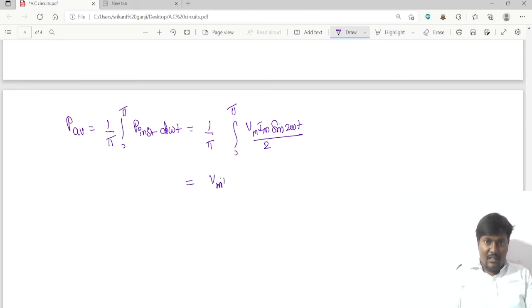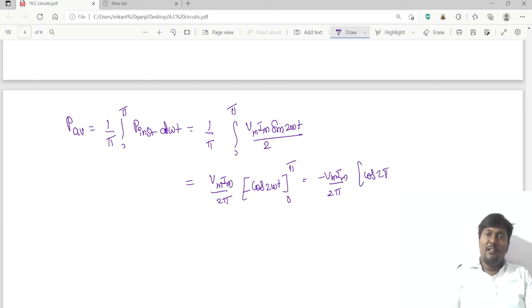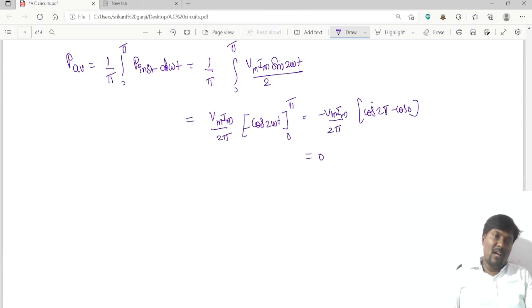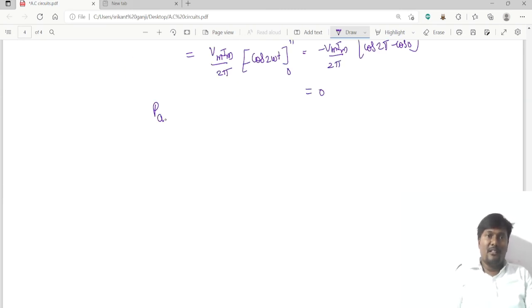So Vmax Imax by 2 pi, integration of sine is minus cos 2 omega t, from 0 to pi. Taking the minus sign common and substituting the upper and lower limits, 1 minus 1, you will get 0. The average power through a pure capacitor is 0.